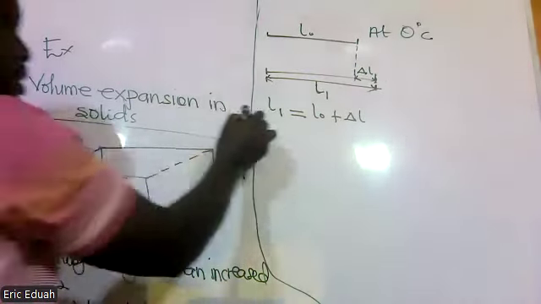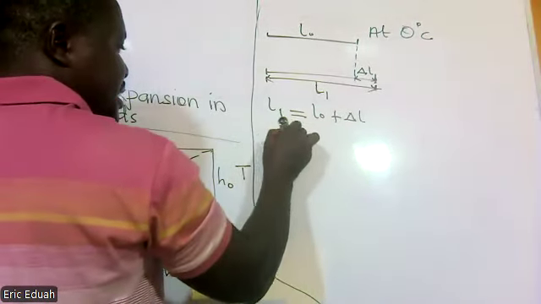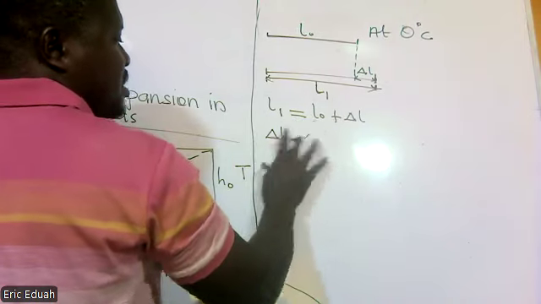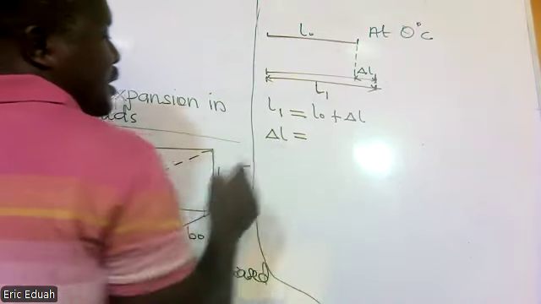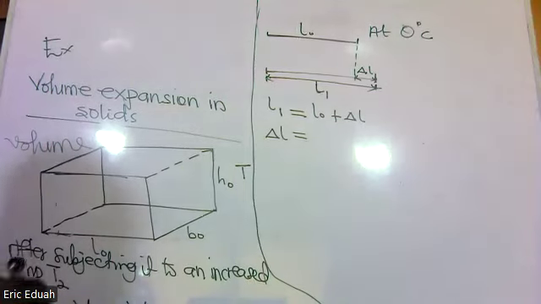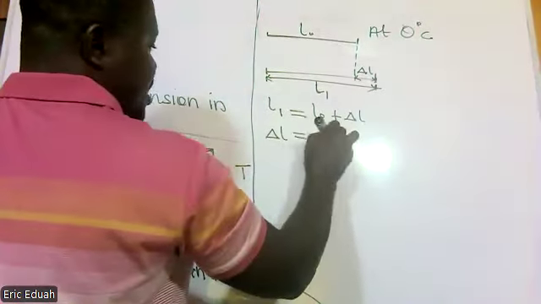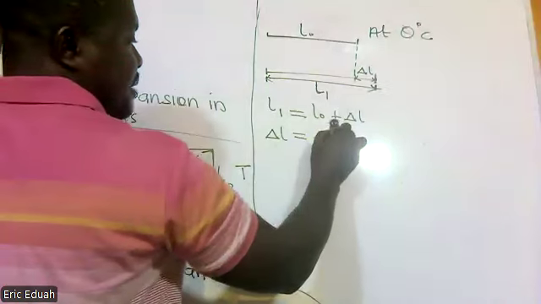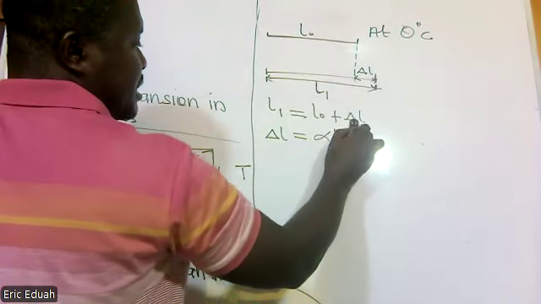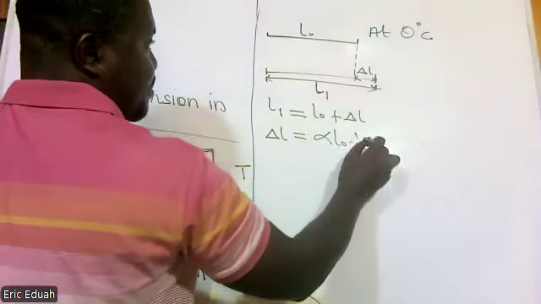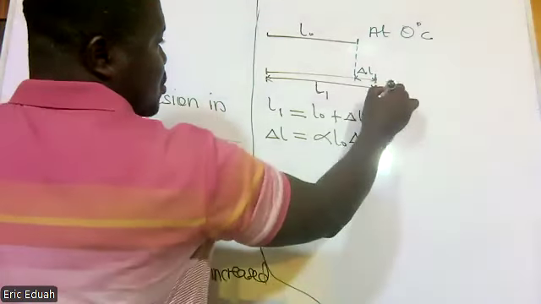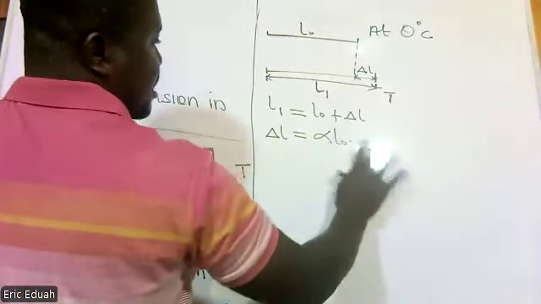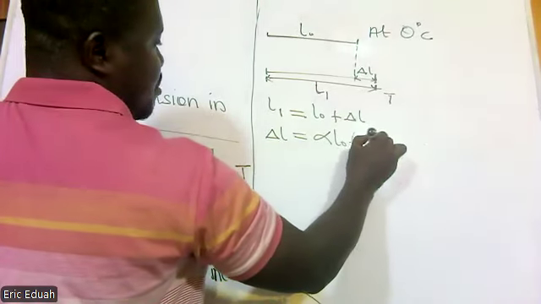Okay, delta L, we realize, is equal to the coefficient of linear expansion alpha times the original length times the change in temperature. Assuming this is T, the change in temperature is actually T minus 0.